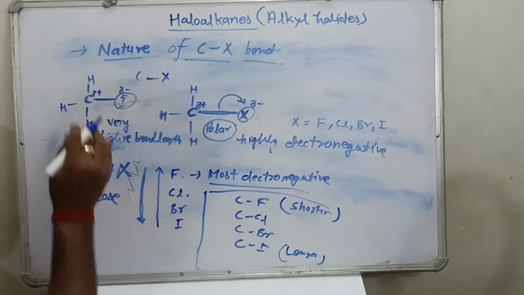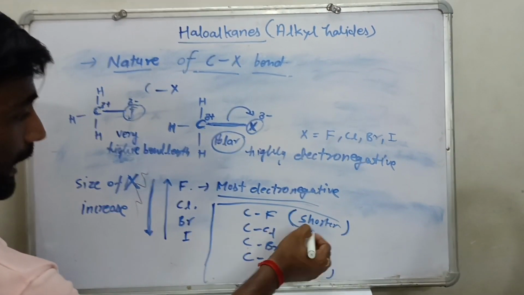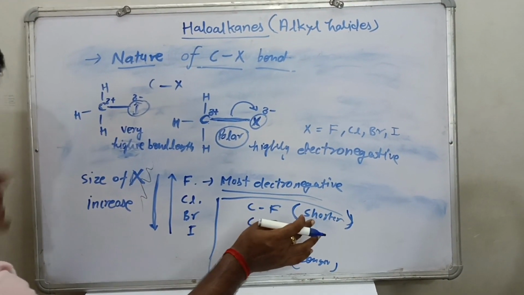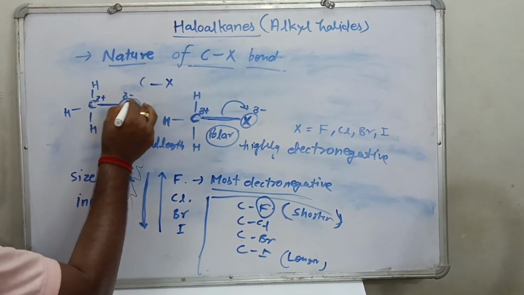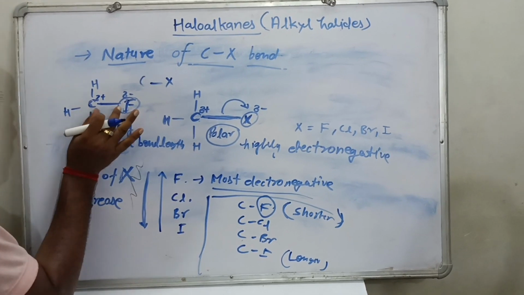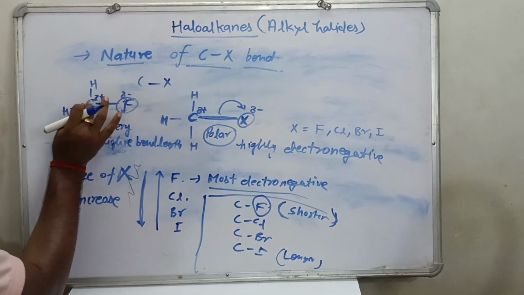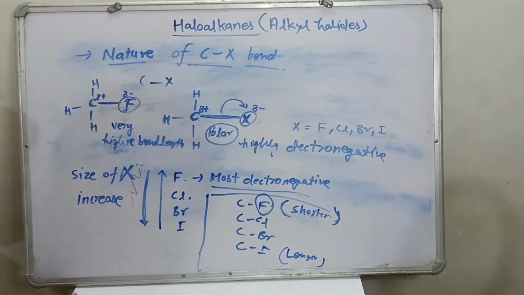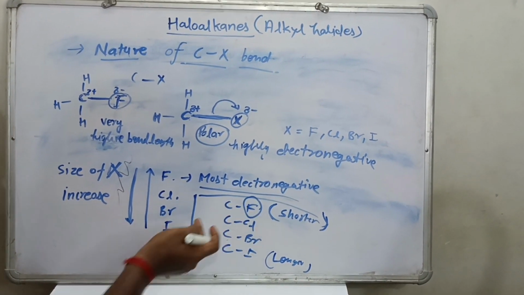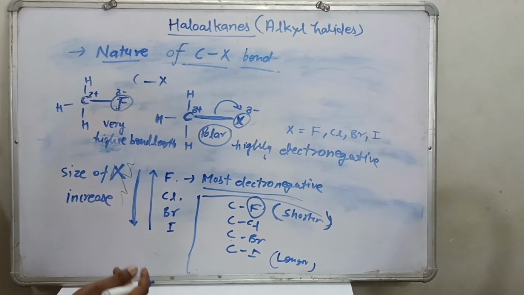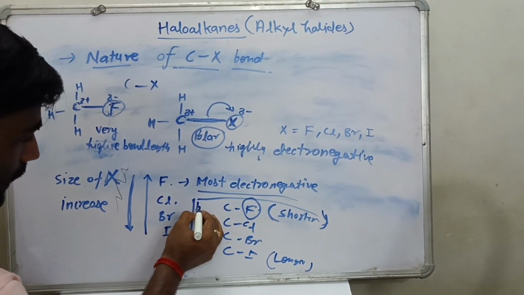I already explained why the C-F bond is very short: because fluorine is highly electronegative, the bond length will be very short due to the high attraction force between delta positive carbon and delta negative fluorine. So the C-I bond will be very long and the C-F bond very short.